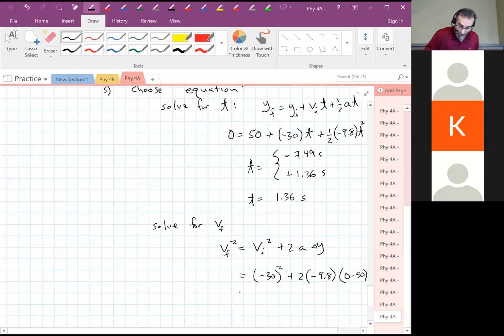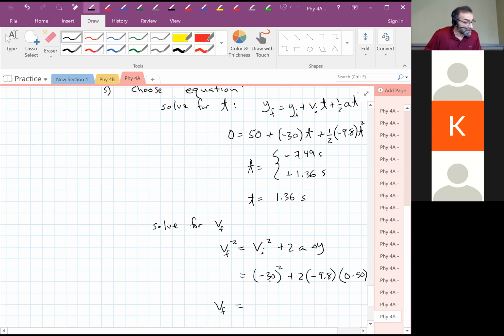And so we end up with v final is equal to, so we're going to be taking the square root, right?